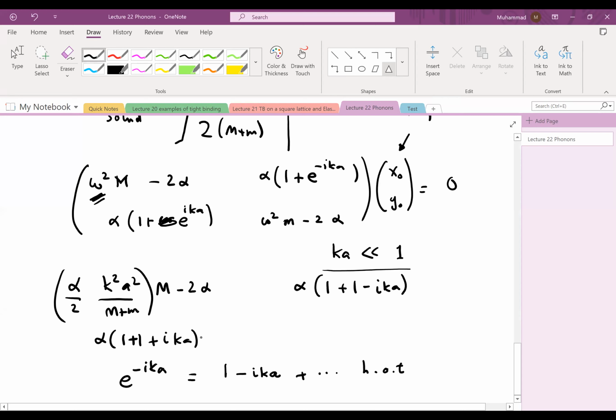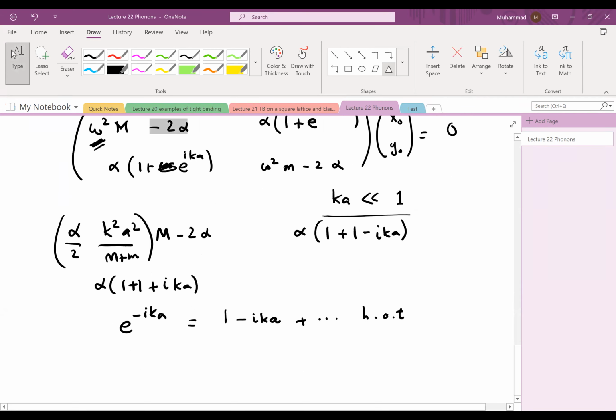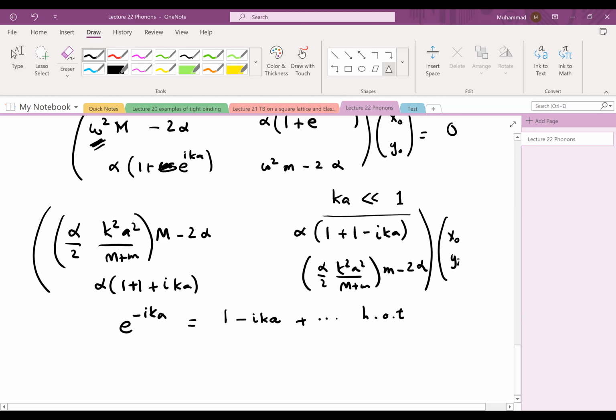And of course, there are higher order terms as well, which depend upon k square, which we are ignoring for the time being. And then what we could do is, again, I need an alpha over 2 k square a square m plus m small m minus 2 alpha, and all of this multiplied by x naught y naught equals 0.